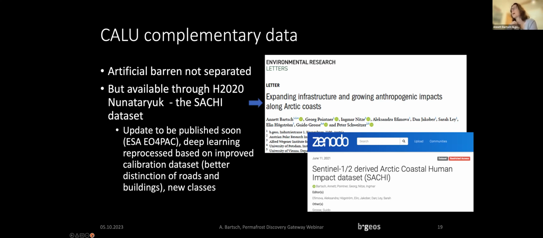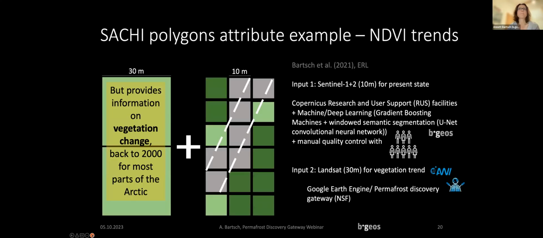So we do not combine it from our side, but we supply both as separate data sets, which will be available. Just a few details about the infrastructure data set that we published 2 years ago.